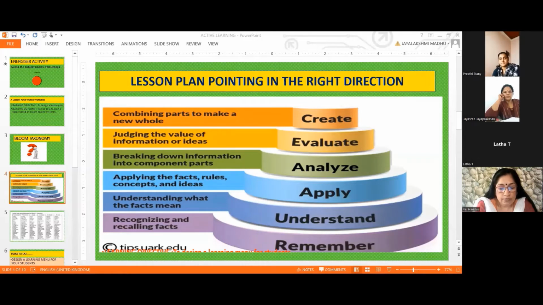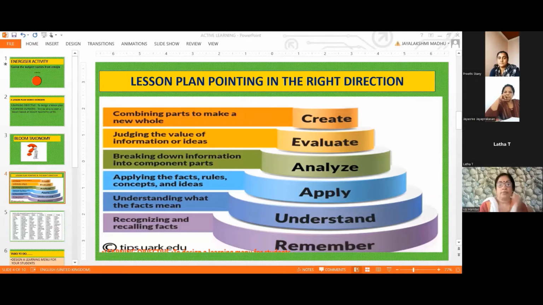For example, if I ask the student to list or describe the characteristics of tropical rainforest from the textbook, or I will give a handout, or they can research if they have internet facilities, they can list out the characteristics and write it in the notebook. So they are understanding the thing and putting it in their own words. That is level 2.